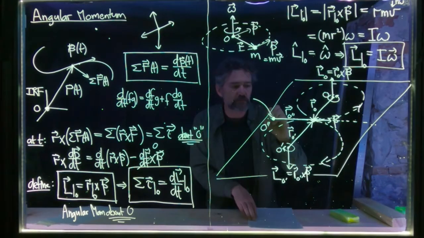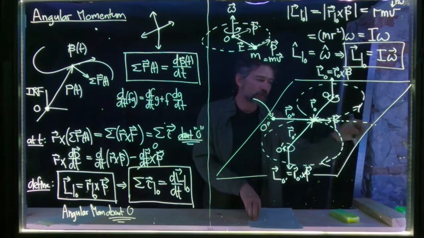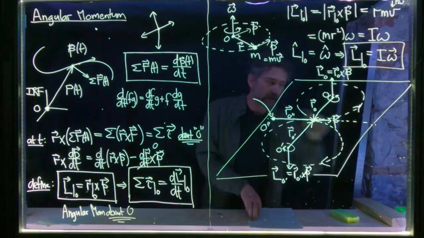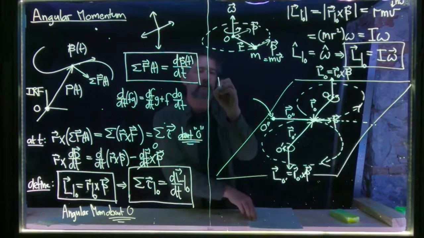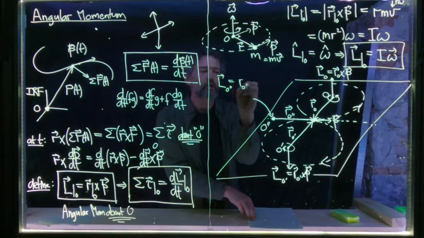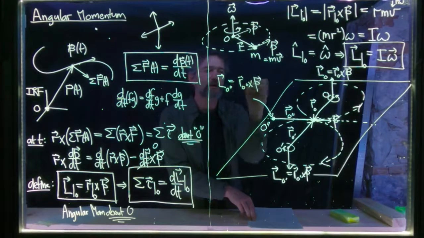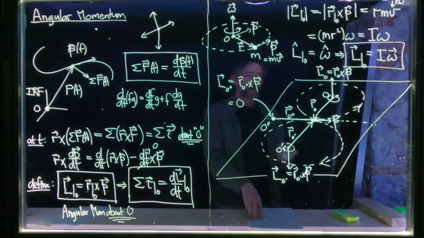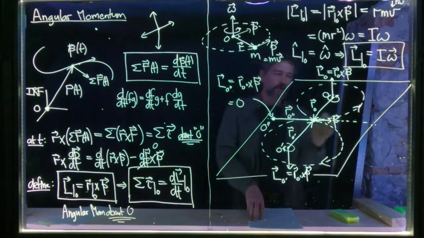So the angular momentum of this object in linear motion about any point lying on the line along which it's moving, L O double prime, is equal to r O double prime cross p, which is obviously 0.